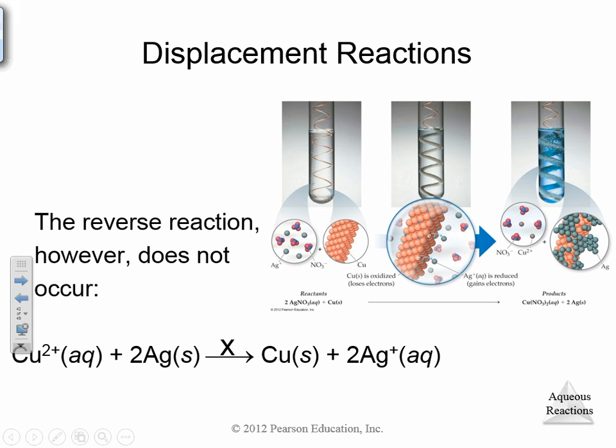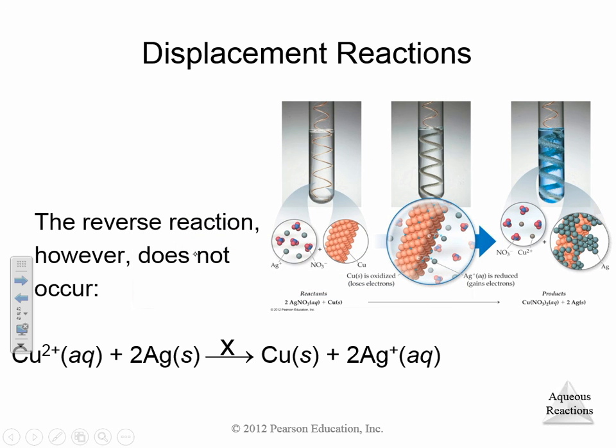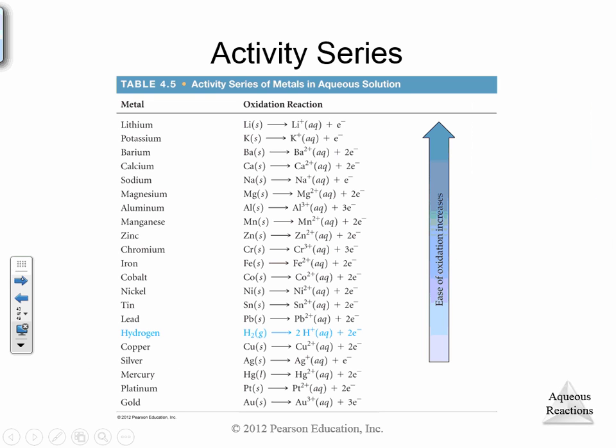All right. However, if we try the reverse reaction, it does not happen. And that's because the requirements aren't met to have a redox reaction, and they are not going to mix. And why does that happen? Well, when we talk about displacement reactions, particularly single displacement reactions, remember we have to talk about the activity series.